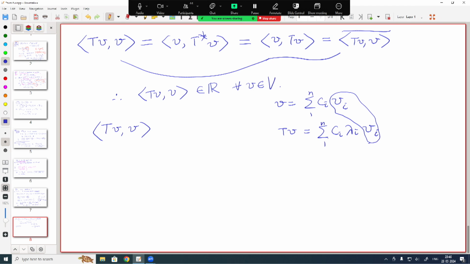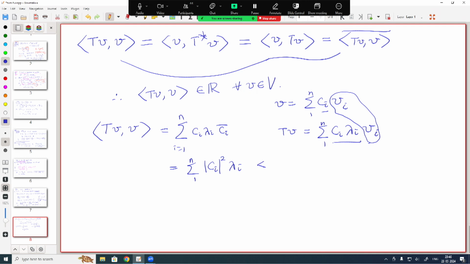So, I will only get the c_i lambda_i and c_i bar. I just need to multiply out the coefficients together, right. But that is just summation |c_i|^2 lambda_i. So, if I compute ⟨Tv, v⟩, it is this quantity, right.